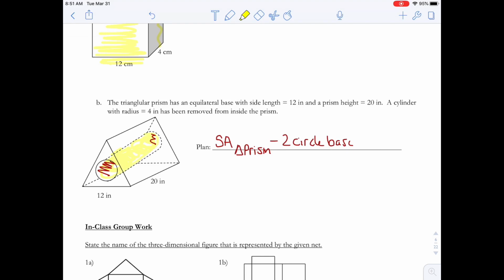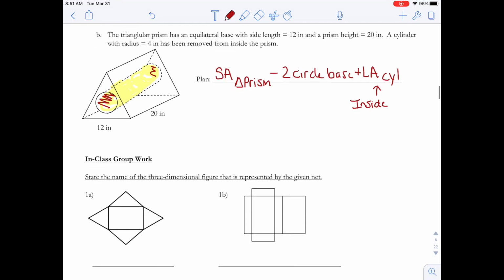Okay. We're going to paint the walls of that cylinder, which would be the lateral area. Okay, so that's painting the inside. So when you're doing these problems, you really want to think about what are we painting? Okay.